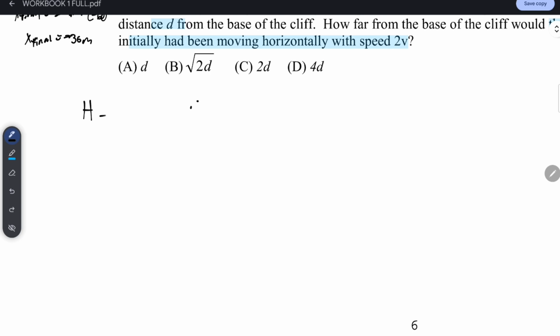So the height would be equal to 1/2 g t squared, which would then give t equal to the square root of 2h over g. Since the height of the cliff is constant, the time of flight is the same regardless of the initial horizontal speed.